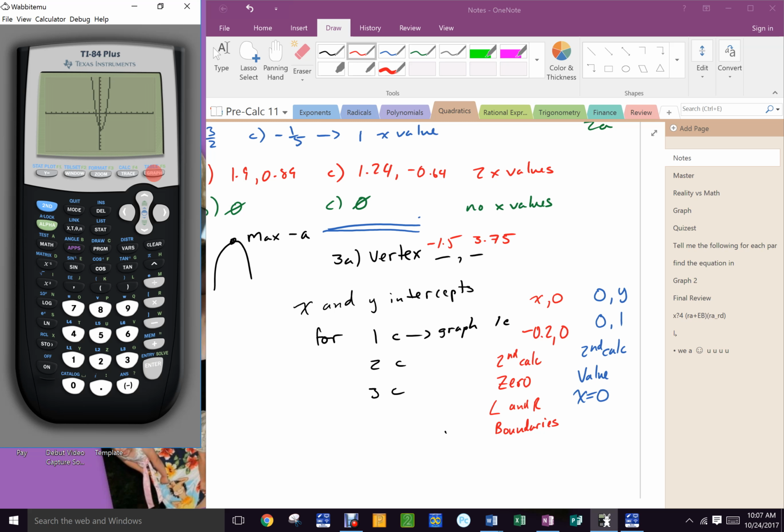Okay, now let's look at that. Remember, we need the y-intercept and we need the zeros, which is the x-intercept. Looking at this, can you clearly see where it crosses the x-axis? Quite clearly, there and there, yes?